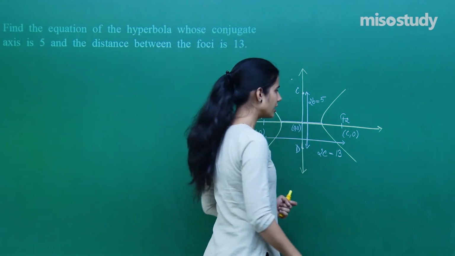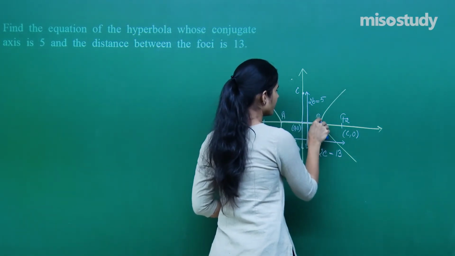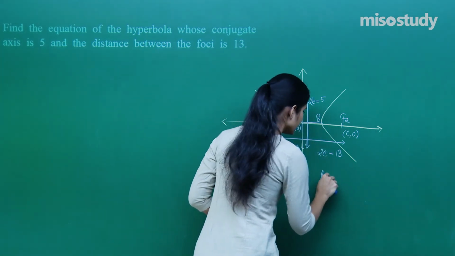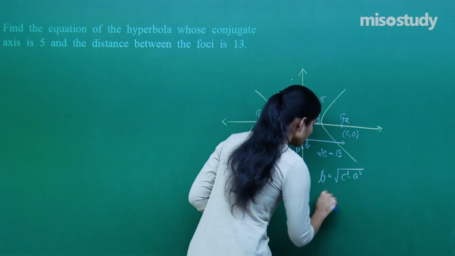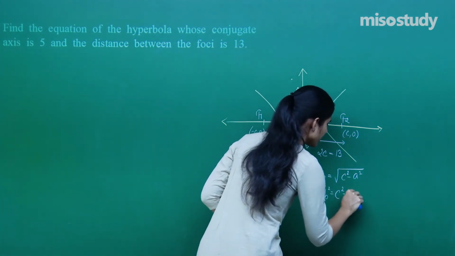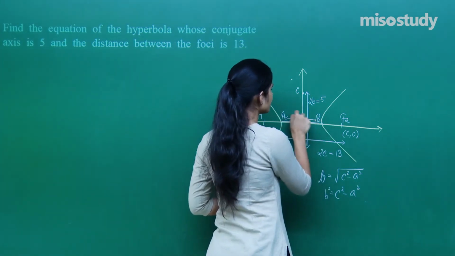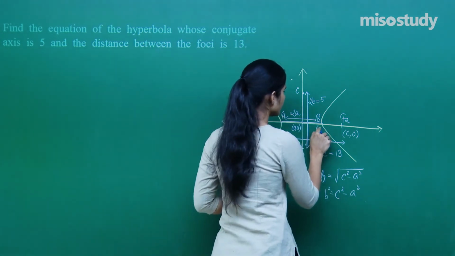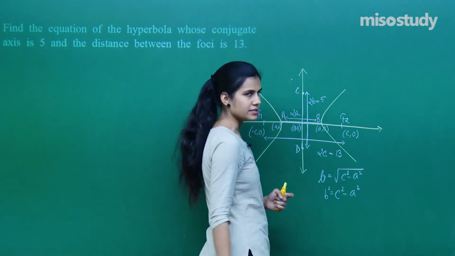If this is my point A and point B, then I know that this quantity B is defined to be under root C square minus A square. B square is C square minus A square. What is A square? Because the length of the transverse axis is taken to be 2A. So B has coordinates A comma 0 and A has coordinates minus A comma 0.